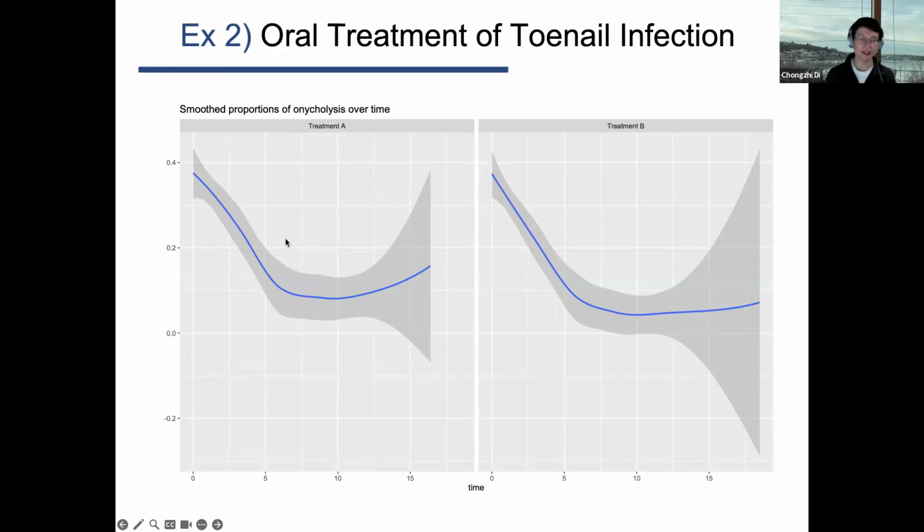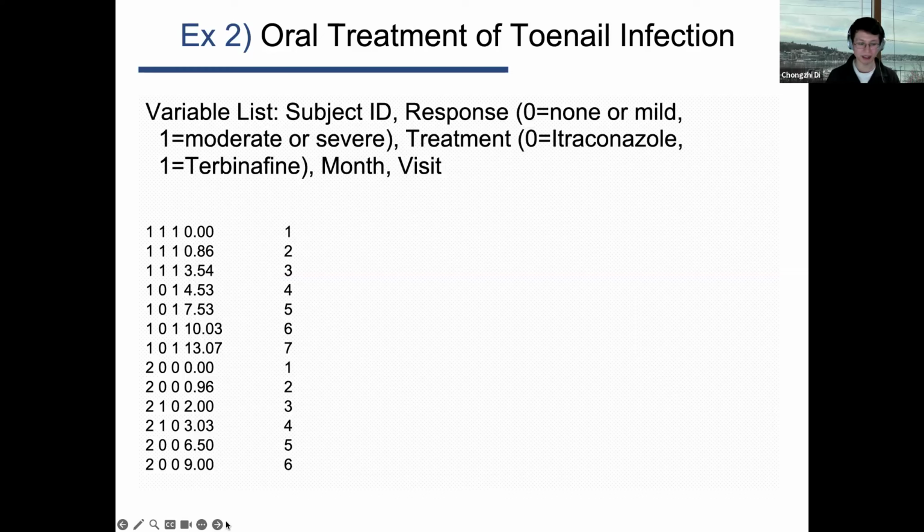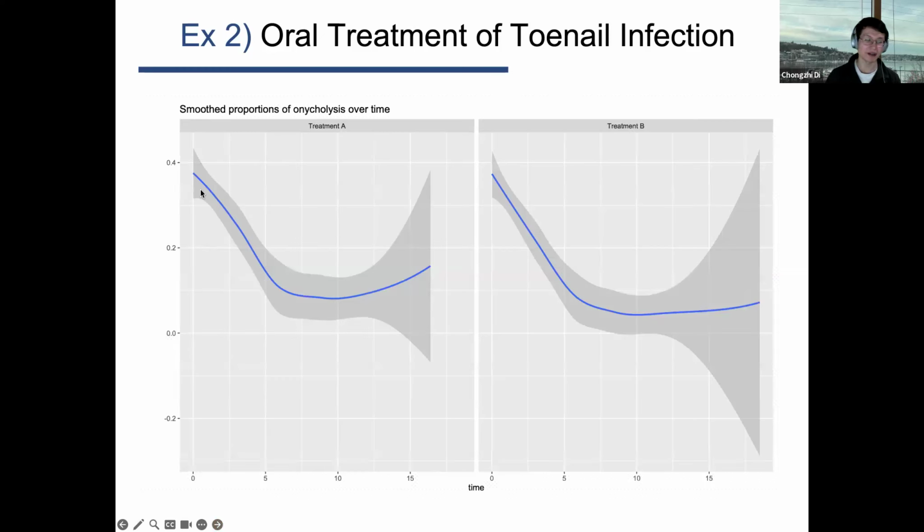Roughly speaking, you can think about smoothing like this: you choose a window around baseline, put all the data around baseline together and estimate the average proportions. Then you let this window move slightly over time from baseline all the way to the end of the follow-up. So you get roughly the average proportions of positive response over time.